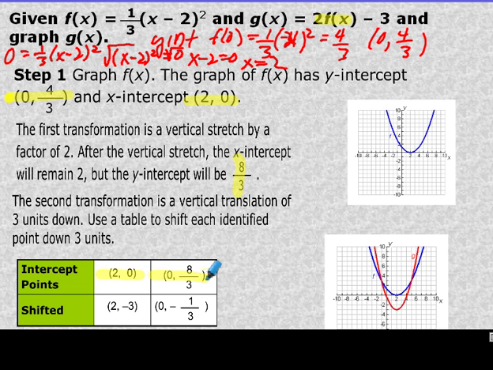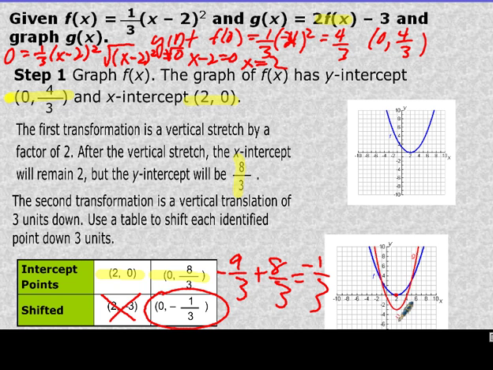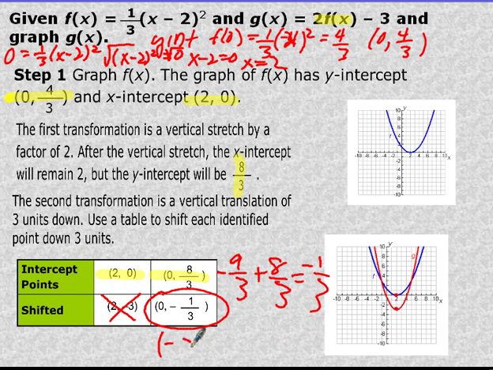I think this is probably more confusing than it's helpful, but we're going to basically subtract 3. So 3 is 9/3, negative 9/3 plus 8/3 ends up being negative 1/3. So this is our new y-intercept. What's our new x-intercept? Well, we're simply shifting 2 down 3, so it's going to end up being 2, negative 3.